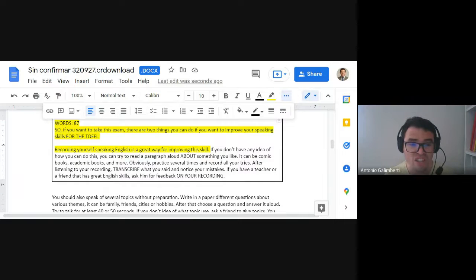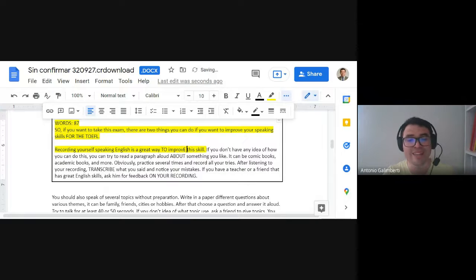What is the first thing that I can do? It's right here in the topic sentence. It says, recording yourself speaking English is a great way for improving this skill. Well, we are not making corrections in terms of grammar or stuff like that. We're focusing on organization. So, does this topic sentence relate to the thesis statement?